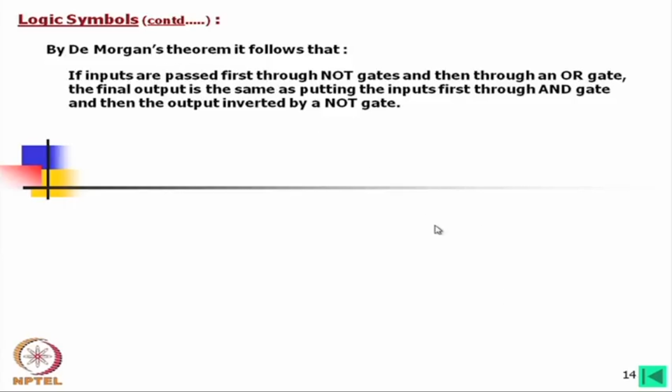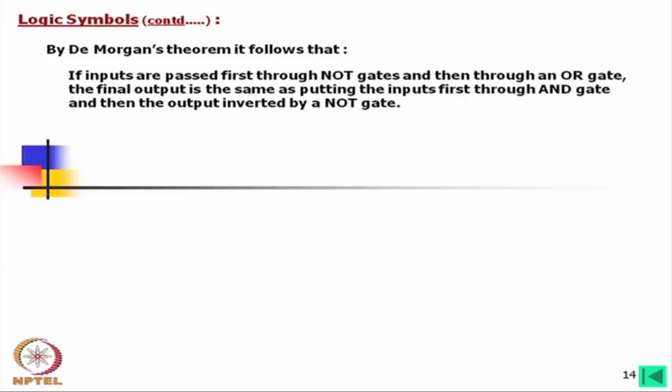Now, another interesting part is that by De Morgan's theorem, what we have learned earlier, it follows that if inputs are passed first through NOT gates, remember first we are sending through NOT gates at the input, and then through an OR gate, the final output is the same as putting the inputs first through an AND gate and then the output inverted by a NOT gate.